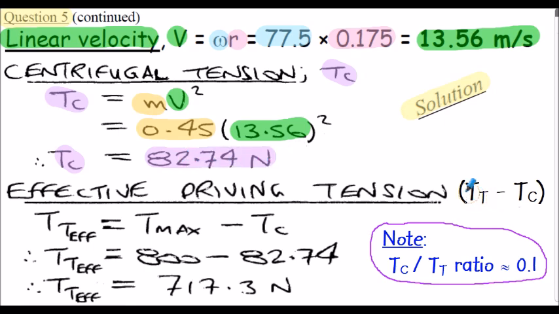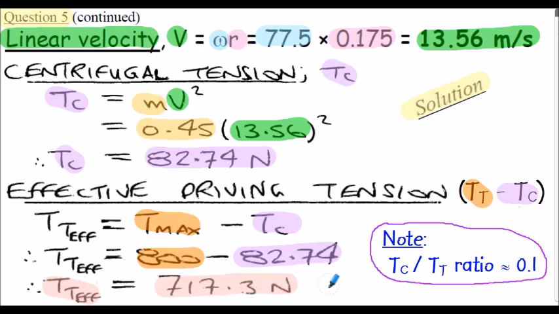To evaluate the effective driving tension for our formula, that's Tt minus Tc. We know that the maximum belt side tension Tmax is 800 newtons given in the question. We just evaluated Tc. Effective driving tension, Tt minus Tc here.